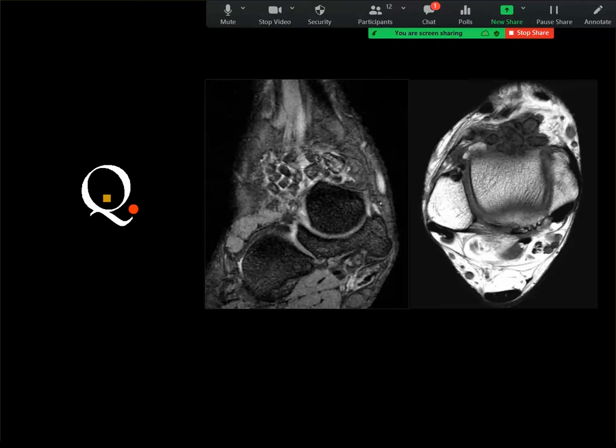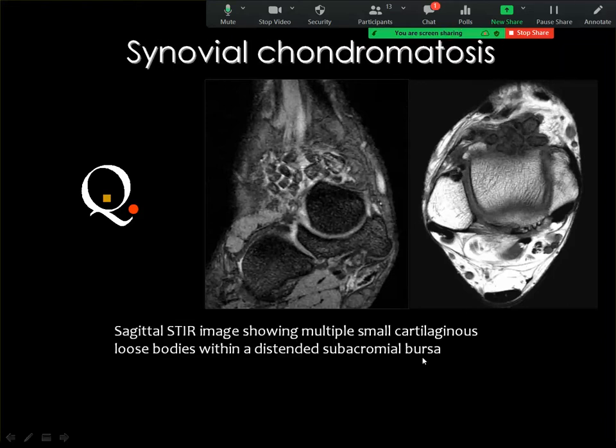Synovial osteochondromatosis. Yes, and actually we do not need the answers. We need the written answers. Okay. Yes, this is right. And you answered the first question right, and this is synovial osteochondromatosis because of the presence of a lot of loose bodies within the ankle joint, mainly in the anterior compartment.